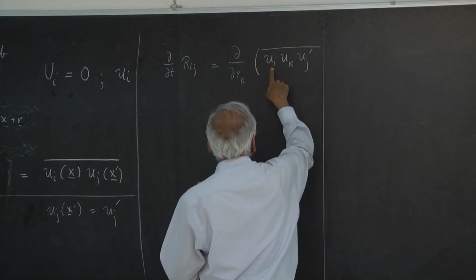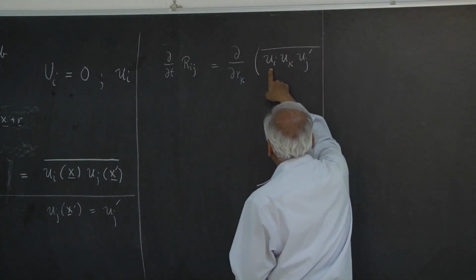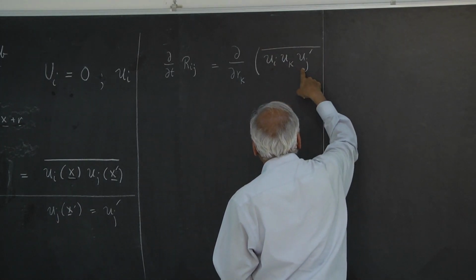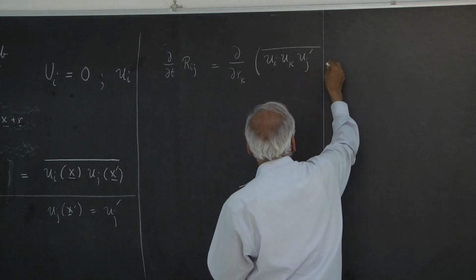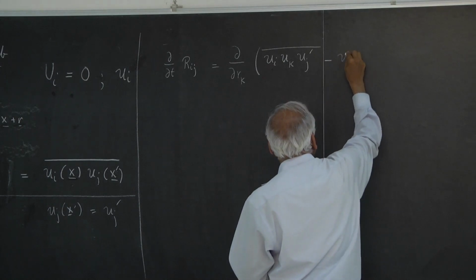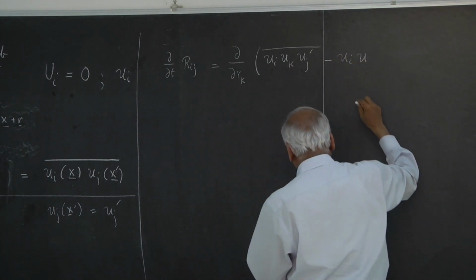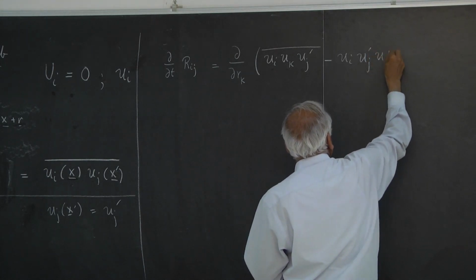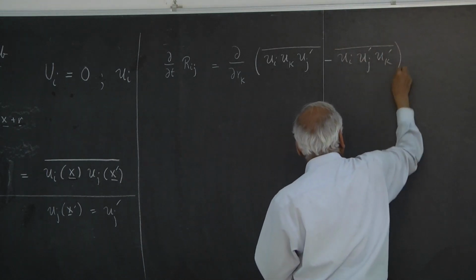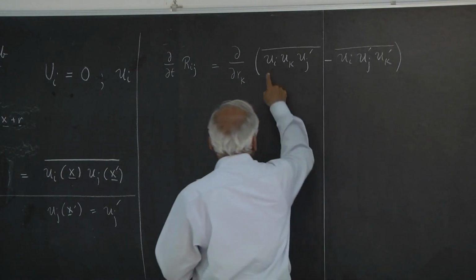This is ui at the position x, uk at position x times uj prime, uj at position x prime. That's what it means. So ui uj prime uk prime is a third order quantity.